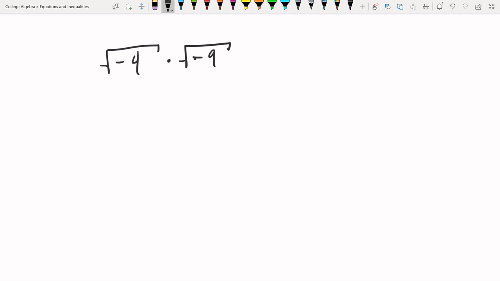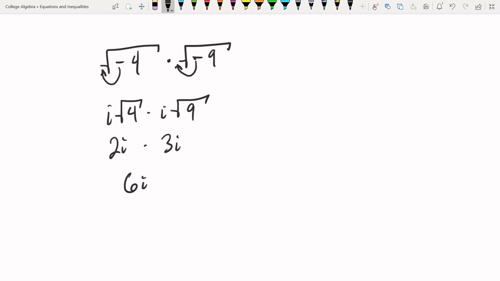The proper way of doing this is to take the negative out as an i. We get i root 4 times i root 9. Root 4 is 2, so we have 2i. Root 9 is 3, so we have 3i. 2i times 3i is 6i squared. i squared is negative 1. 6 times negative 1 is negative 6. So this is the correct way.